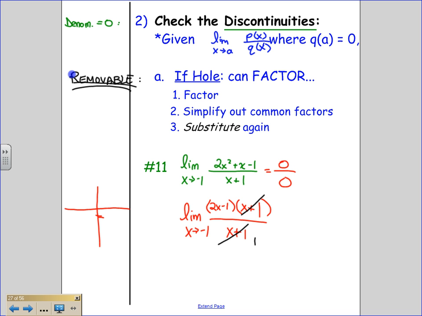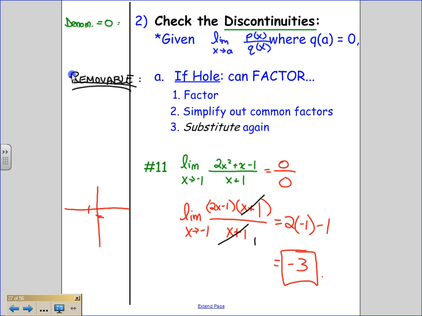So long story short, at x equals -1, I can go ahead and just plug it in, substitute again. Once I've simplified out my common factors, I end up with 2 times -1 minus 1, which ends up being what?